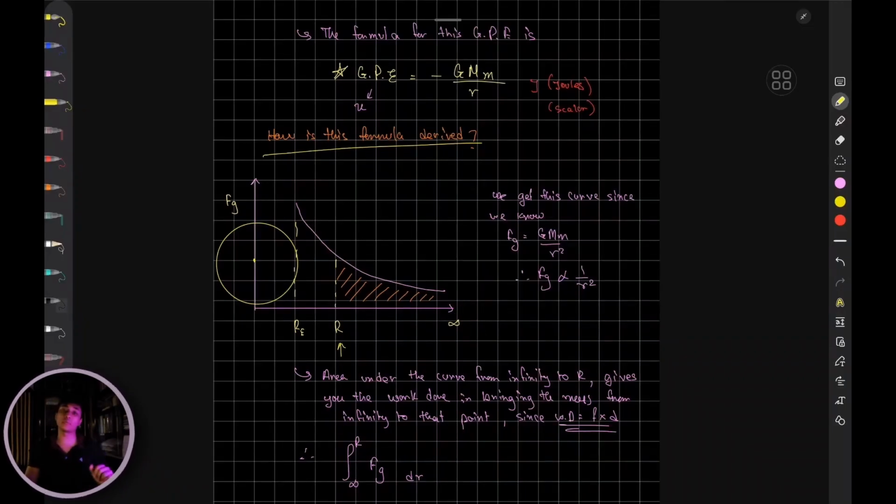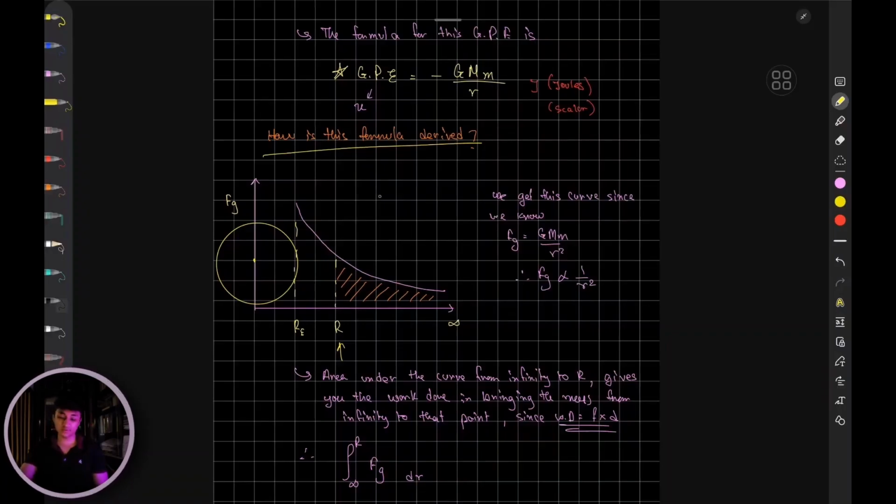So remember the formula of gravitational potential energy, the amount of work done in bringing an object from infinity to a defined point, let's say R. So what is the gravitational potential energy of the object at this defined point R near Earth, near the mass, right?